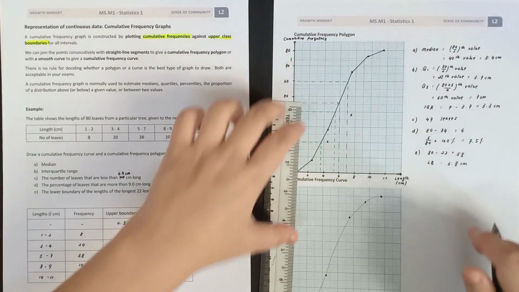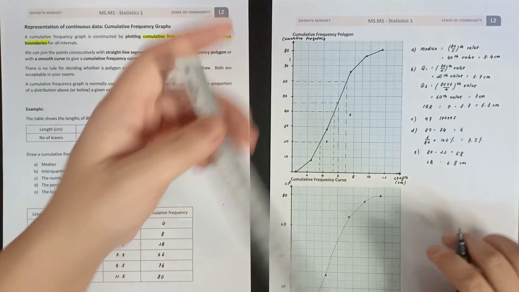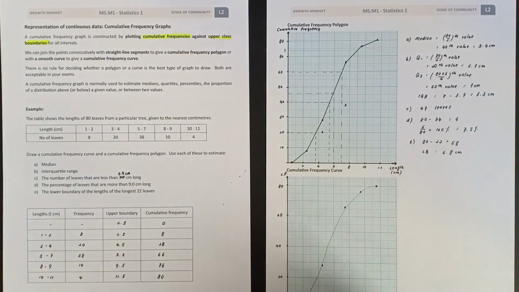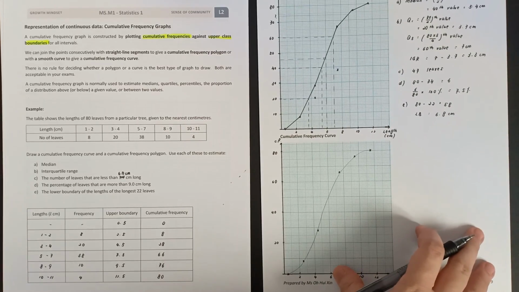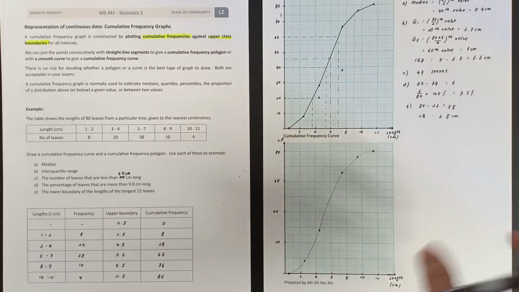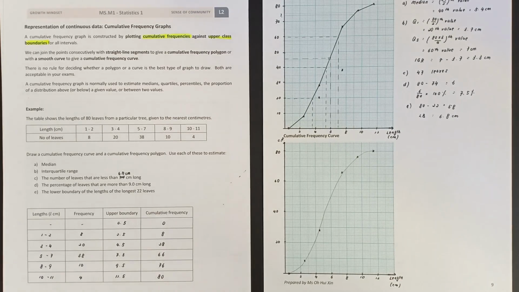Yeah. Okay, so I'm going to write down the answer for the curve one. When you do it, you can realize that the answer will be slightly different, but in your exam, they will have a certain range for your answer. So don't worry about that as long as your answer is not too different from the exact answer.